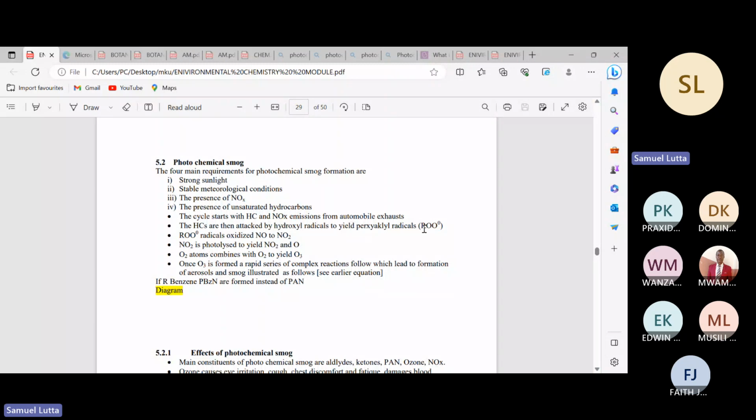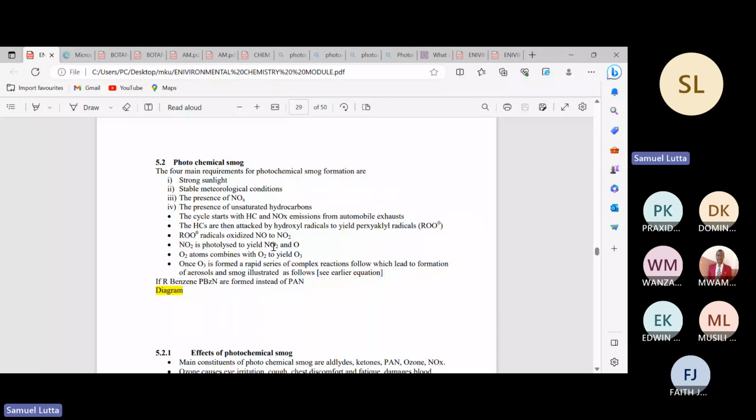Maybe I'll just try to show you that. So in our equation, which I gave you yesterday for the formation of smog, we said that those radicals can still oxidize NO to NO2, which produces the brown fumes. The NO2 can also, in presence of sunlight, be broken down to form NO plus oxygen.